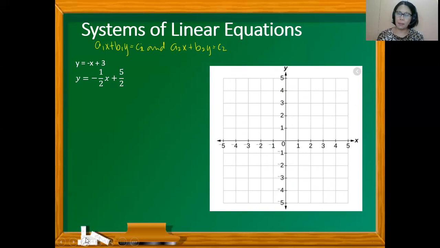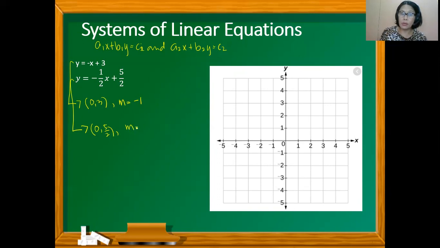For instance, in the first equation, we know that the constant term is the y-intercept, and with that, we are able to identify 1 point from that equation, which is (0, 3), and we will identify the other point by working on the slope of the first equation. Likewise, for the second equation, the y-intercept is 5/2, so we already have 1 point, which is (0, 5/2). And then we will also make use of its slope, which is equal to -1/2.